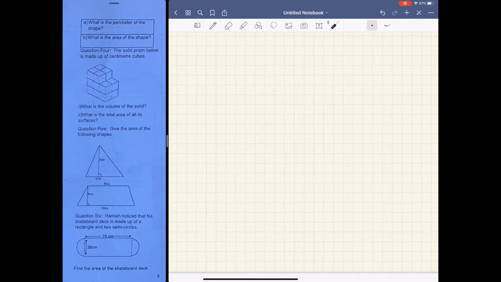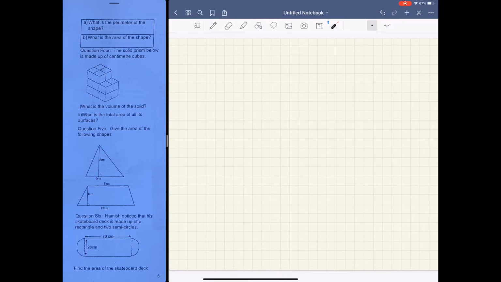Question 6. It says Hamish noticed that his skateboard deck is made up of a rectangle and 2 semicircles.